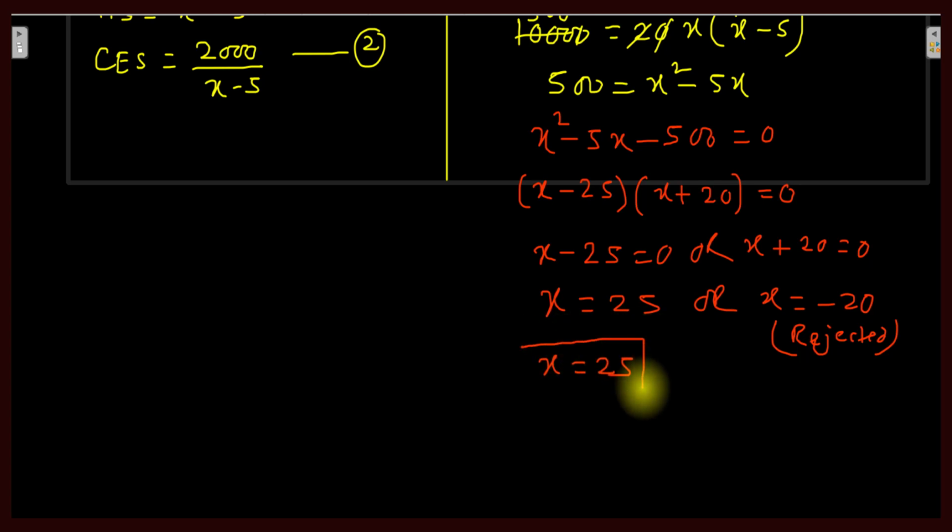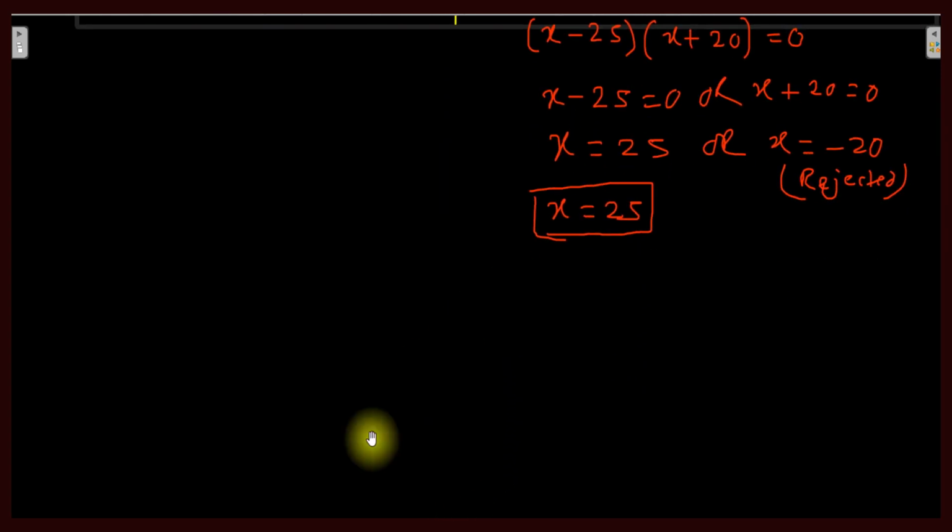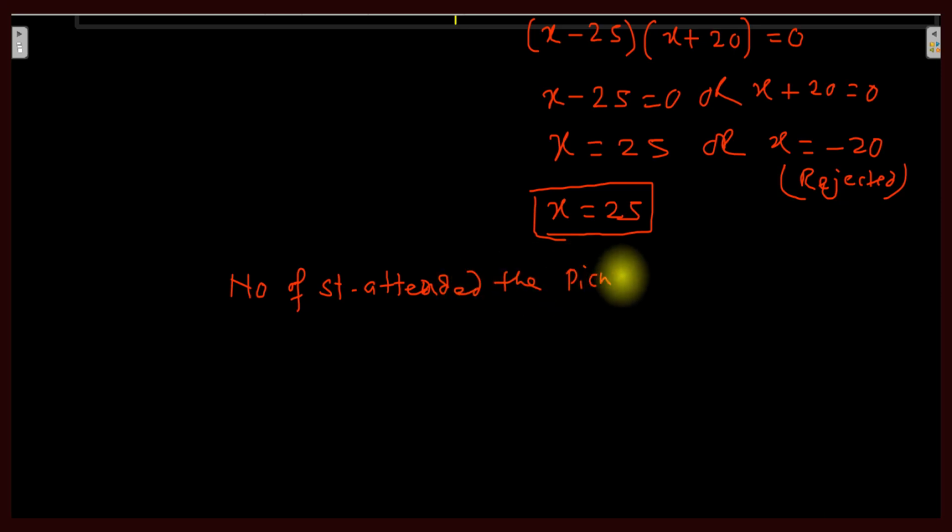So the number of students who planned for the picnic were 25, and what we have to find is the number of students who attended the picnic. That is equal to 25 minus 5, because 5 students could not attend the picnic, and therefore the number of students who attended the picnic is equal to 20.